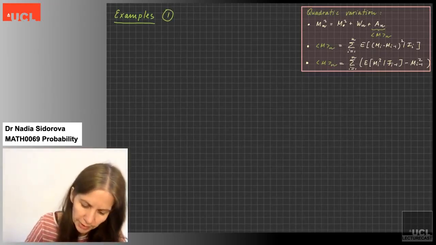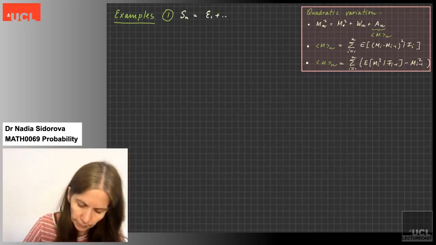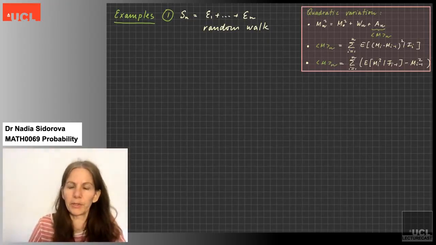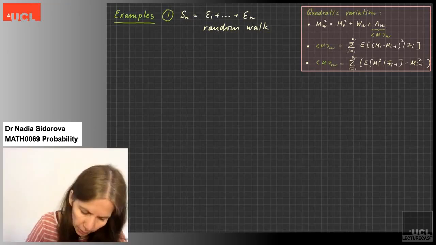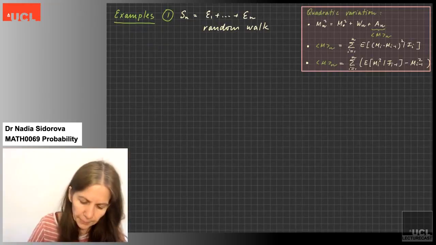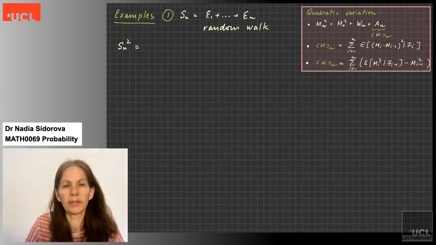The most obvious martingale that we know is the random walk. I will compute its quadratic variation using both methods, just so that we can see how they work. The first method tells me to square your martingale. Its value at time 0 is 0, so that's not a problem.